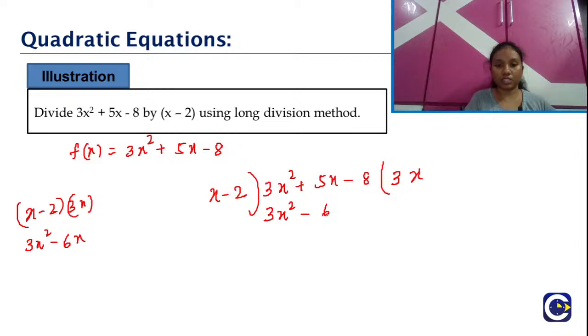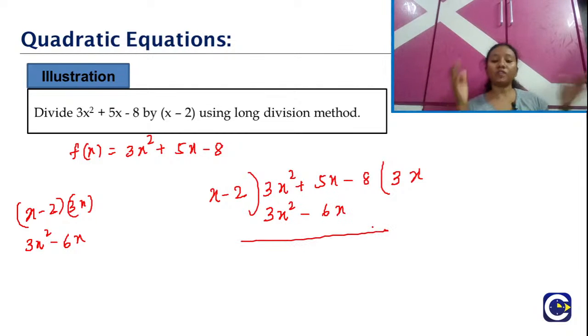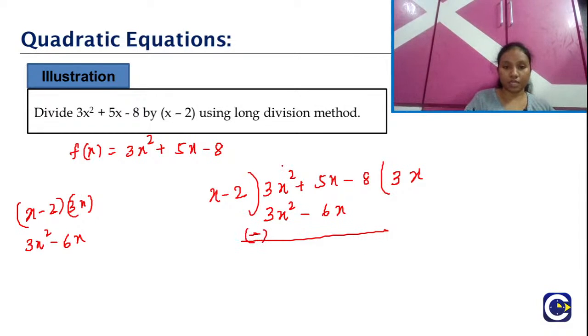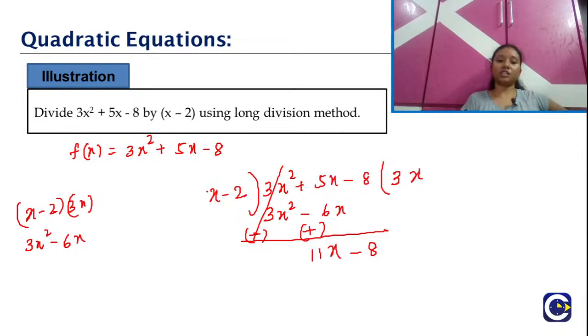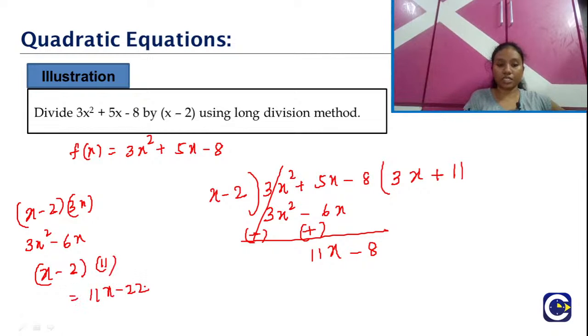So what we are trying to do is eliminate the terms slowly, one by one. This will be eliminated if we subtract, and then 6 plus 5 gives 11x, and the remaining comes down here. Now the coefficient here is only x, but we have 11x, so let's multiply with 11. x minus 2 into 11 is equal to 11x minus 22.